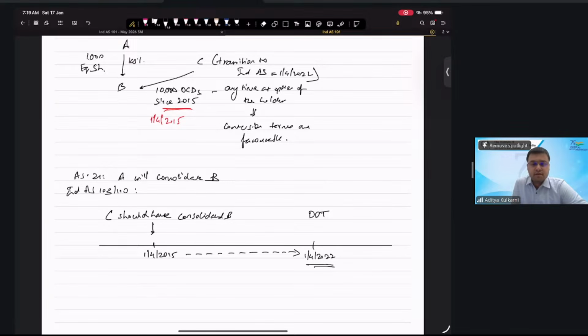Yes. Because when I move from AS to Ind AS, is it a change in estimate or change in policy? It is a change in policy. And because it is a change in policy, it will be deemed to be applicable right from the very beginning.